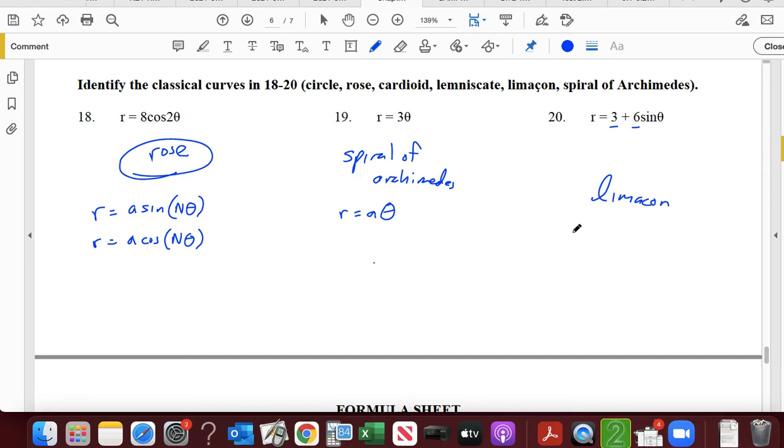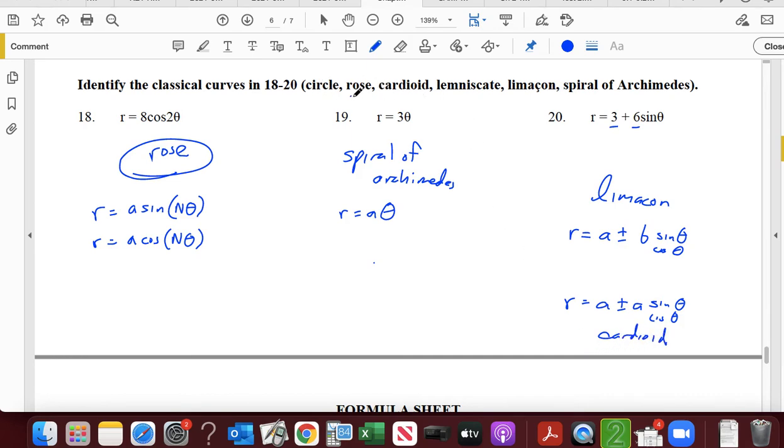And remember that formula is r equals a plus or minus b sine theta or cosine theta, one of the two. So remember, when these are different, it's a limaçon. If these had been the same, if it was a plus or minus a sine theta or cosine theta, that's when it's our cardioid.